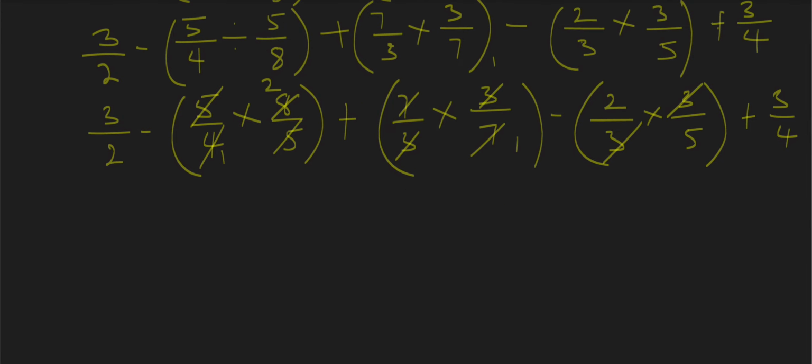So what's left is 3 over 2 minus, this is 2, so I'll just put it as a fraction. Let me just leave it as 2 over 1.